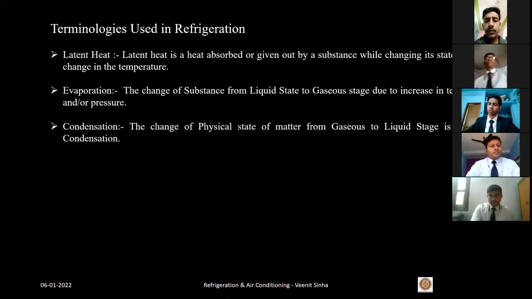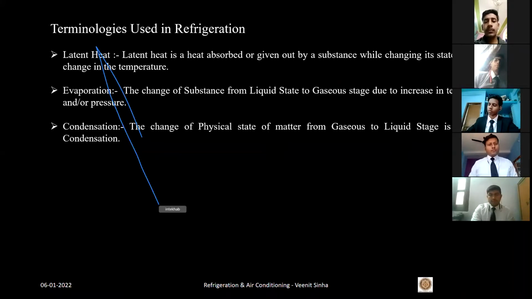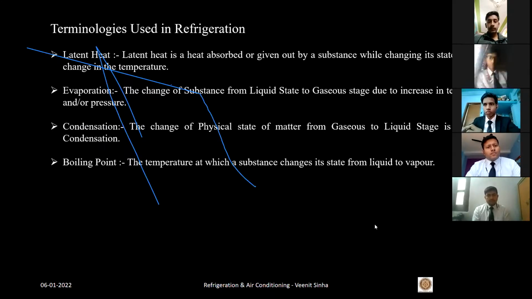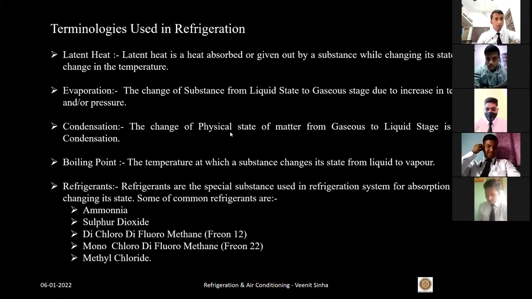Condensation is the change of physical state of matter from gaseous to liquid state.